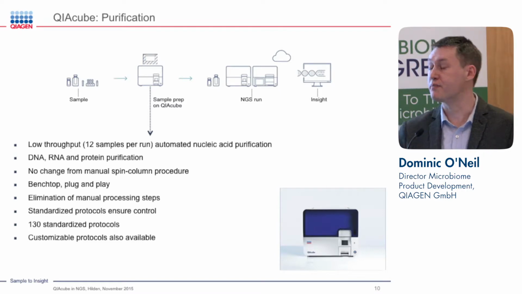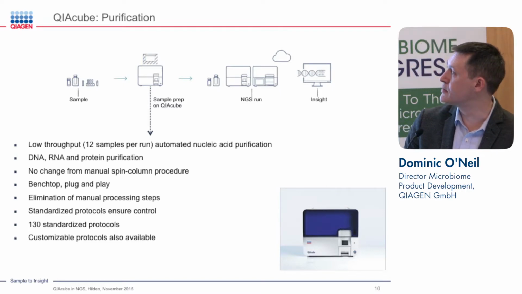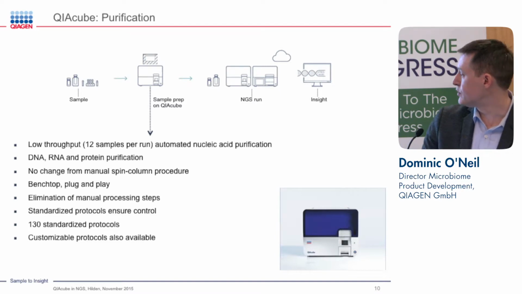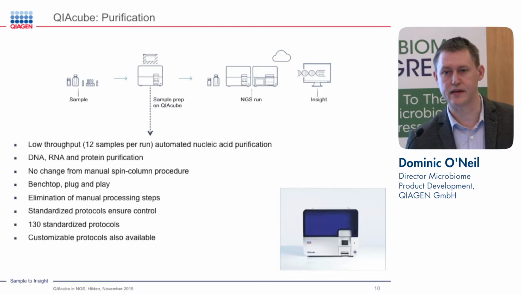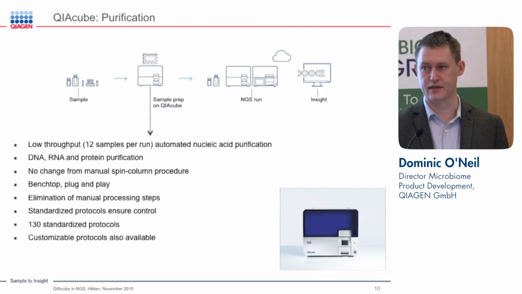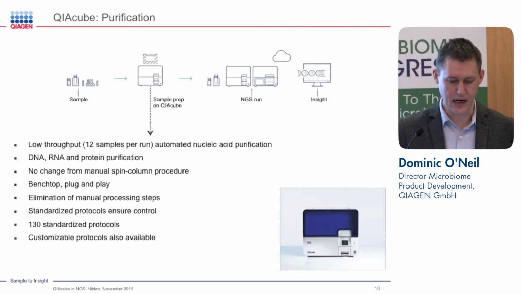It's a very plug-and-play instrument. It automates the spin column procedure for basically all of the Qiagen kits. We have 130 standardized protocols on the instrument and can customize it very easily. And so it gives you a very hands-off automation of our spin column kits.